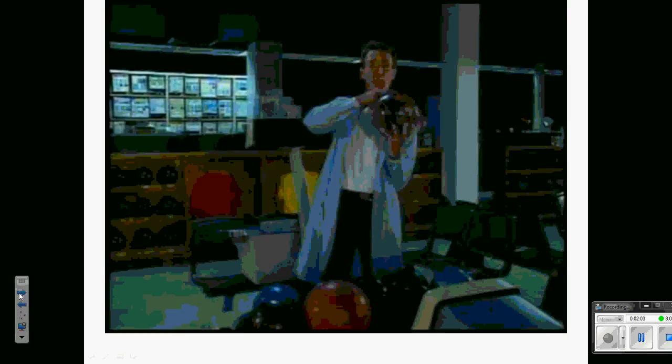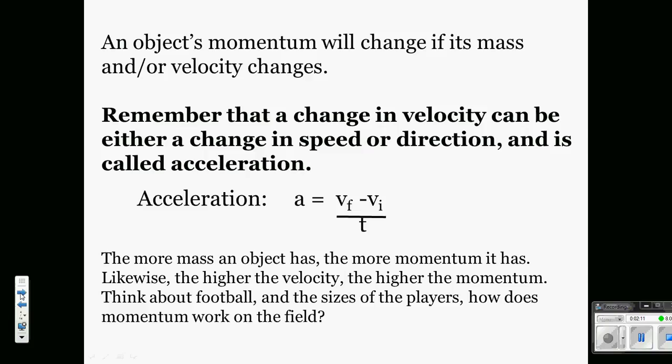So you will have to watch this video where it says PowerPoints, but we're going to scroll through it for now. An object's momentum will change if its mass and or velocity changes. Remember that a change in velocity can be either a change in speed or direction, and it is called acceleration.